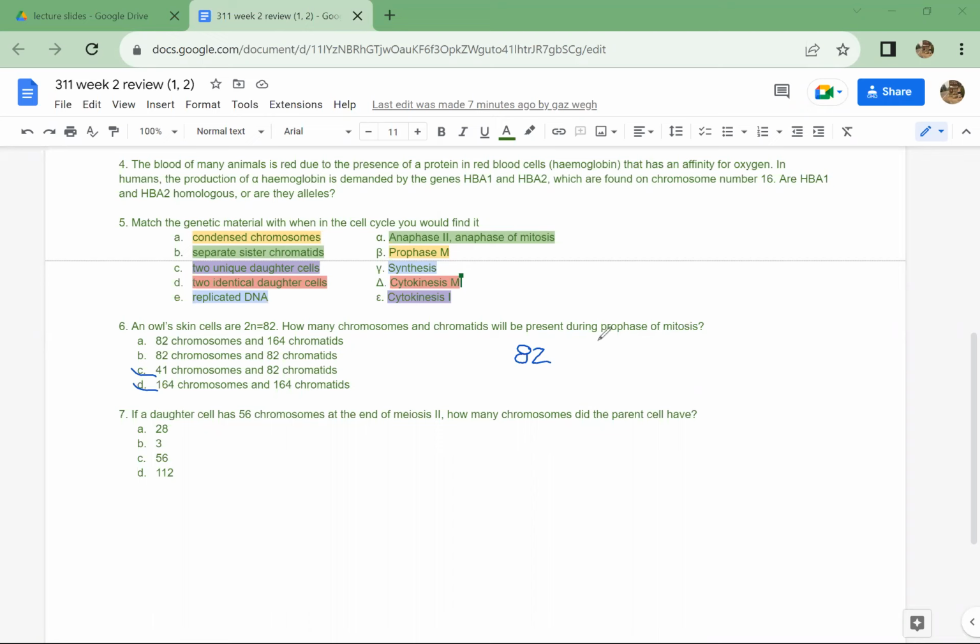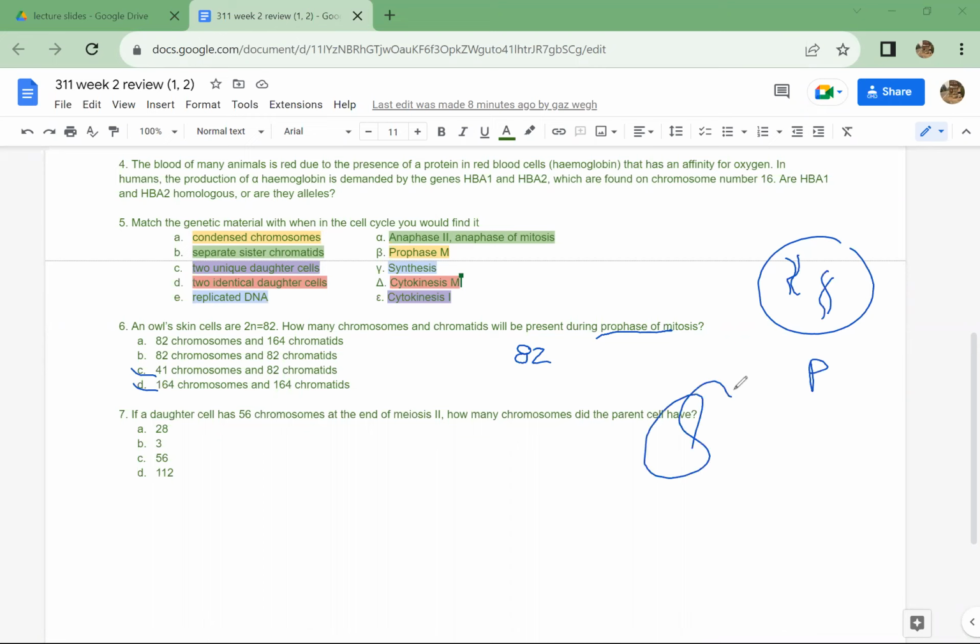We know that because we are in prophase of mitosis, we know where we are in the cell cycle, and therefore we know how much genetic information is used to comprise the chromosomes that will be shuffled around throughout either mitosis or meiosis. And so we know that in prophase, we can redraw it. This is where our chromosomes condense.